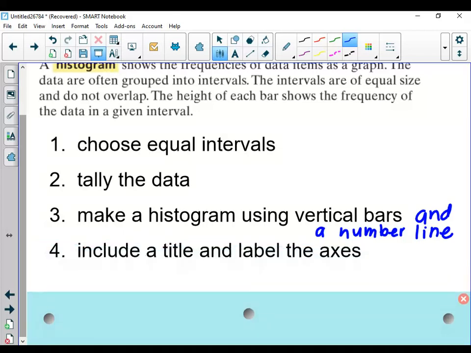Step 4, include a title and label the axes.